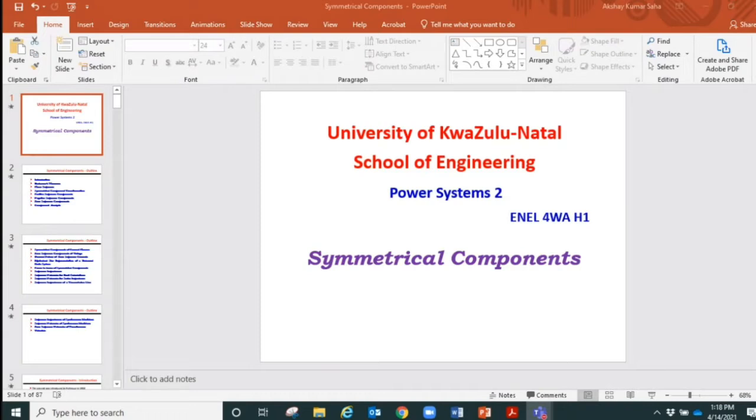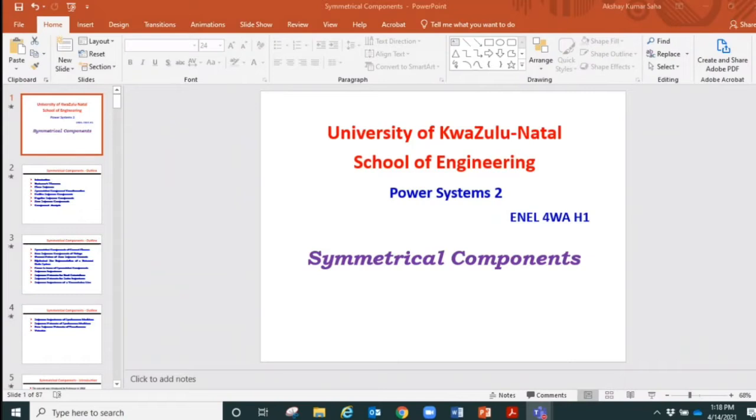Now, if we go to the following stage, where we want to calculate the power and so on, then we need to consider each and every phase separately for their voltage, current and power, because the voltages are not the same and currents are not the same for each of the phases. So the powers for the three phases will not be the same, although the load impedances for each of those three phases are the same, but it's unbalanced because of a fault which causes the system to be unbalanced.